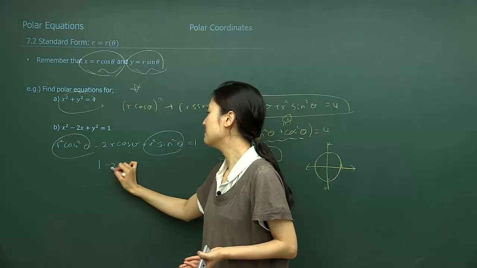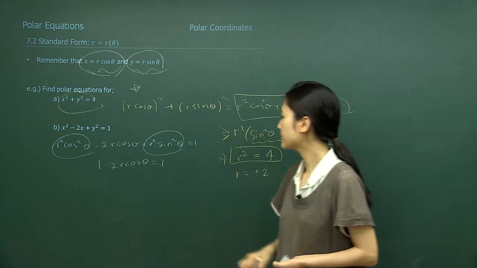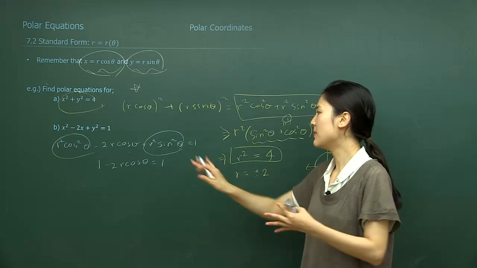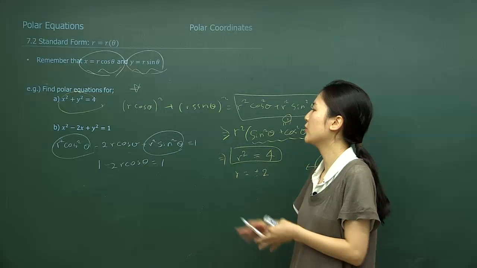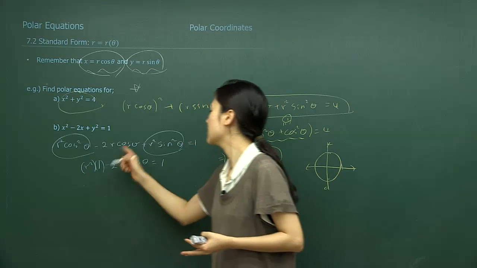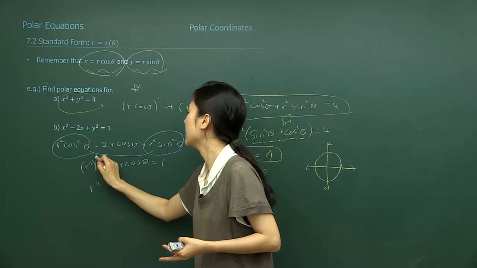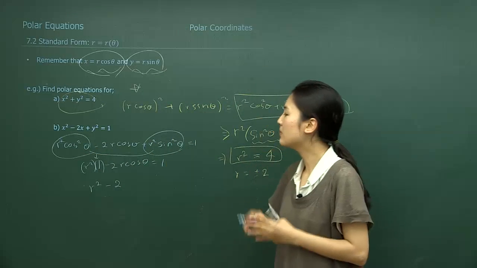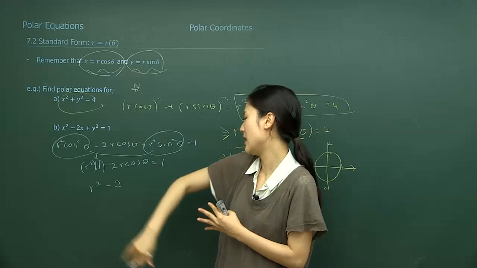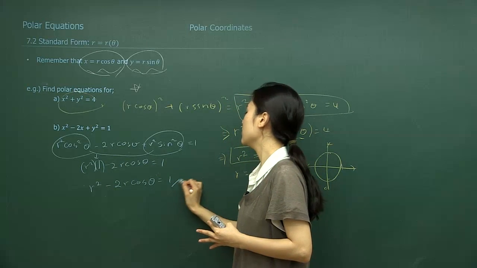And there's nothing we can do about the middle term, so we keep it and we put 1 on the right. So technically it's r squared minus 2 r cosine theta equals 1. The sine and cosine squared become 1, but there is still r squared outside, right? So this is what you're looking for.